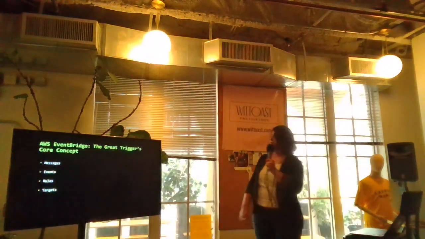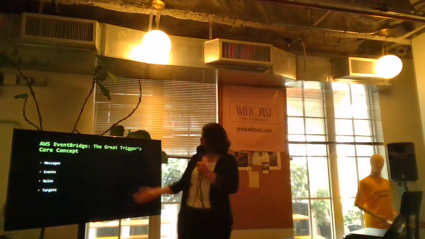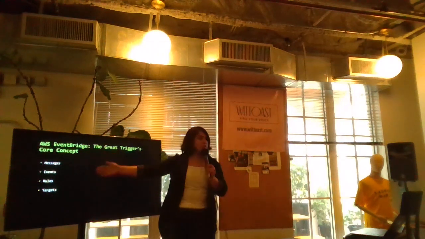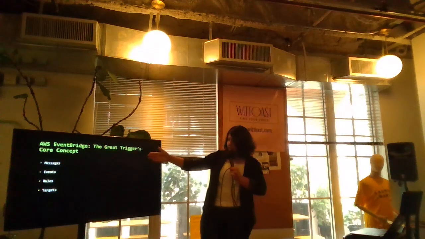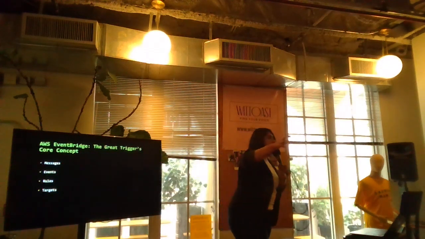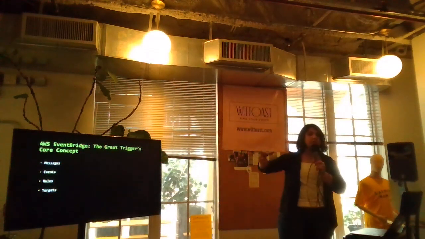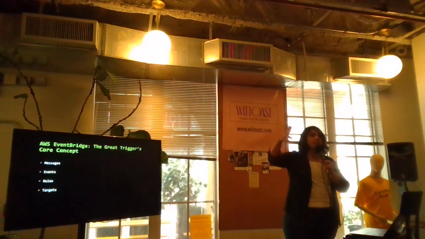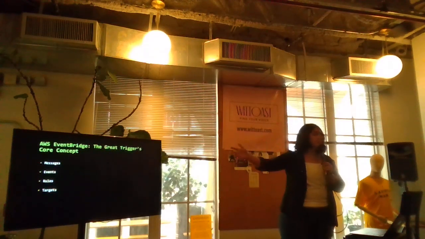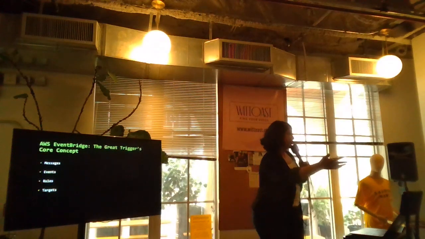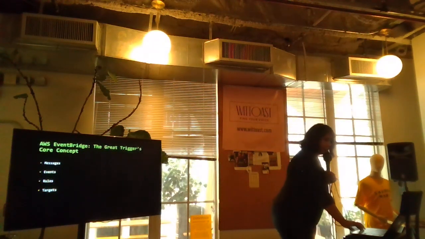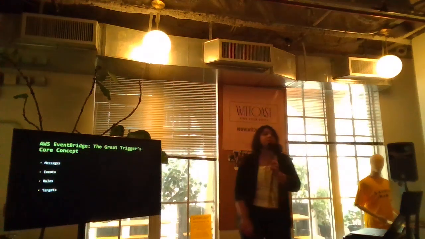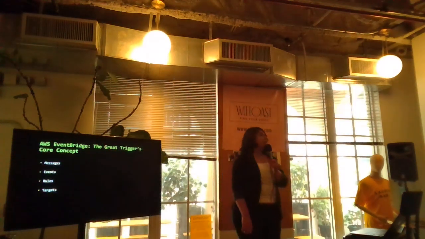So, again, we're gonna go with the core concepts. We just spoke about messages, which is pretty much similar. Events can be order statuses, as I said. It could be shipping, pending, delivered, returned, canceled. Rules, okay, they are basically some intelligent directions which EventBridge has.